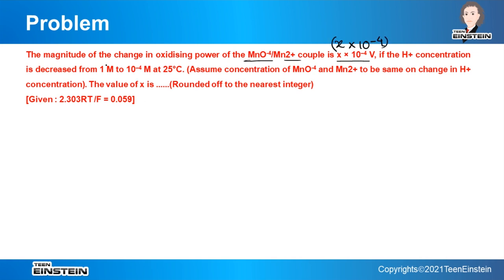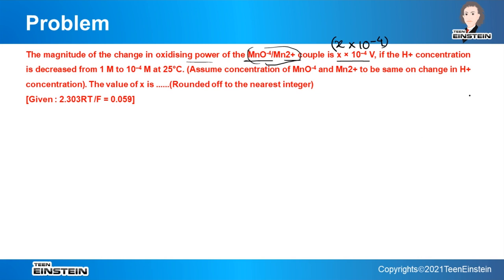So this is the magnitude of change in oxidizing power of this system. Now it seems as if what is oxidation power, but it is nothing but the value of reduction potential of this system when there are two different conditions, because we have to find out change in oxidizing power. That means basically we have to find out the reduction potential of this system at two different conditions.